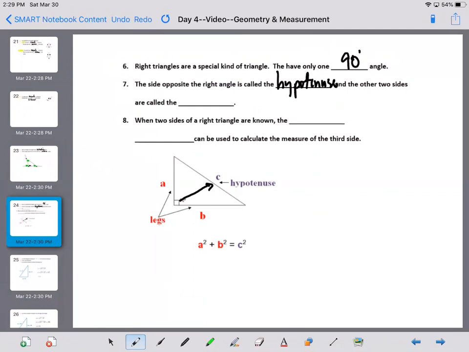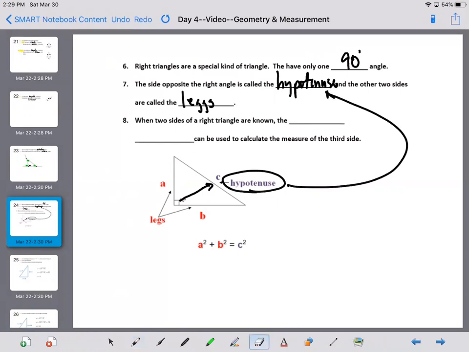And then the other two sides are called the legs. And legs is not spelled correctly there, so that would be L-E-G-S.